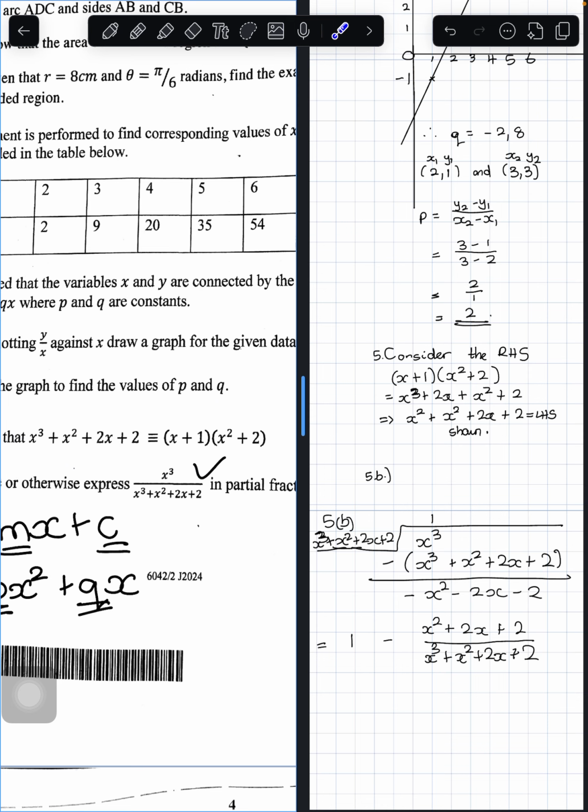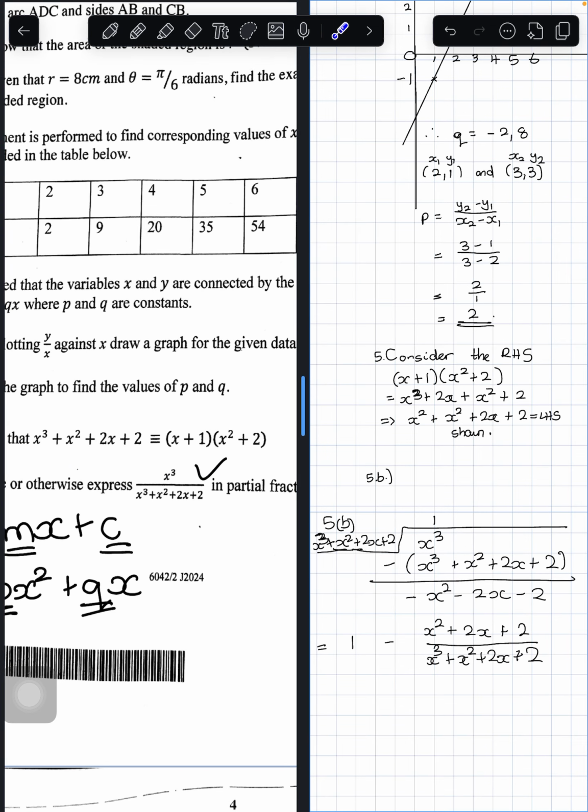So that is what we are going to do now. So this is the same as 1 minus x plus 1. This is what I'm saying.